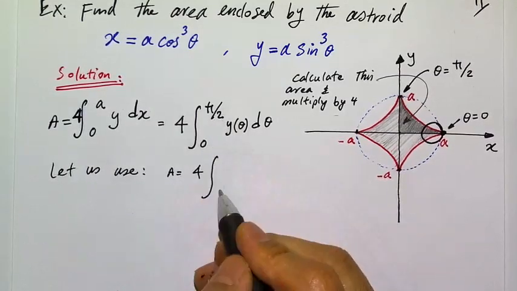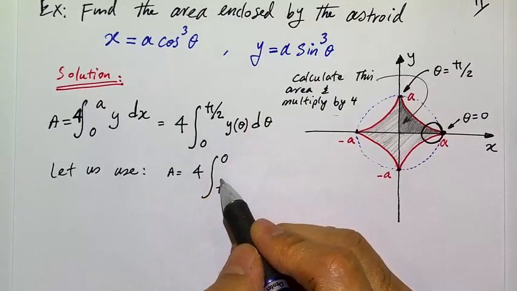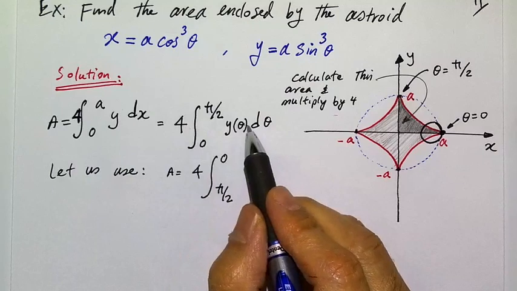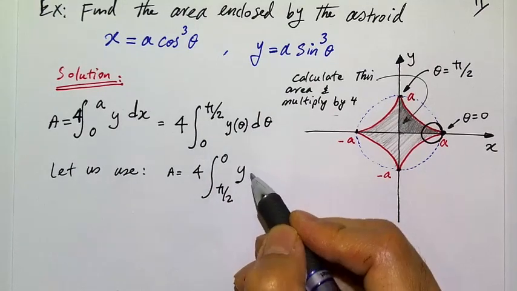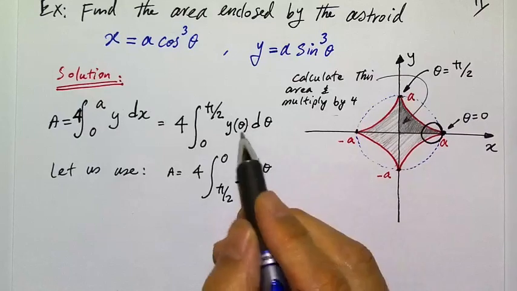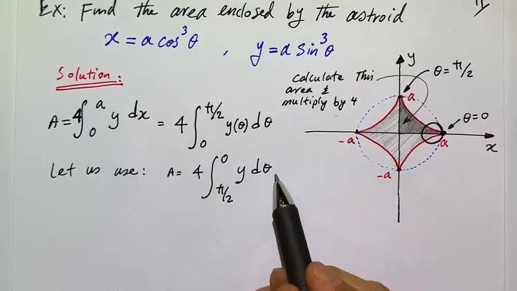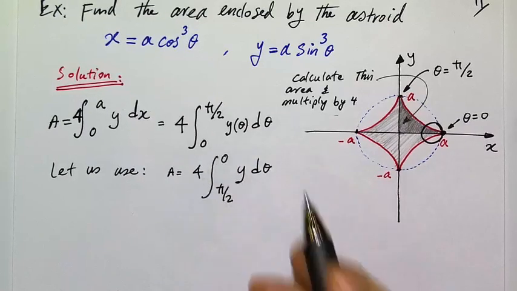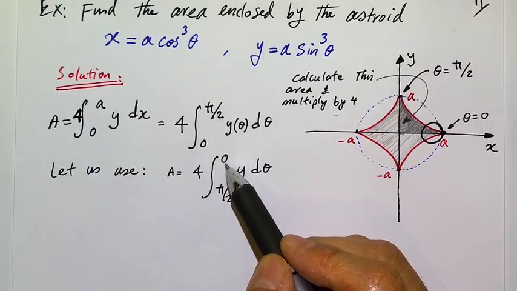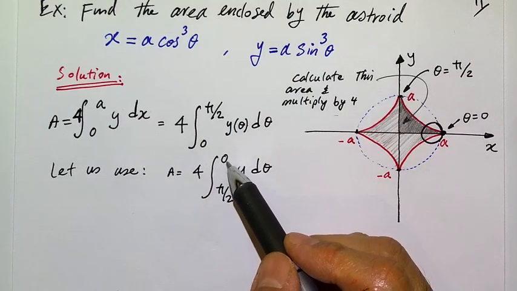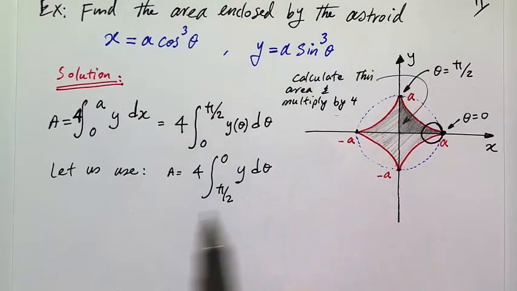I'm going to put pi over 2 here and 0 up there. We're going to start with this, because if we continue with the other way, we're going to get a negative area. And that's based on experience. Okay? You can try it. You can keep your limits like this and then continue after finishing. You'll see you'll end up with a negative. But let's start with pi over 2 as a lower limit and 0 as the upper limit. Y of theta d theta.